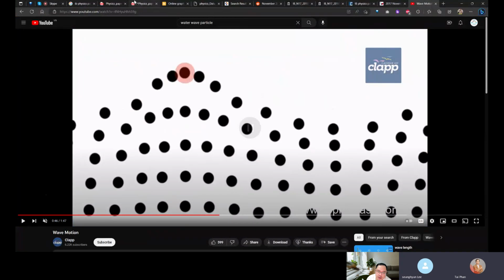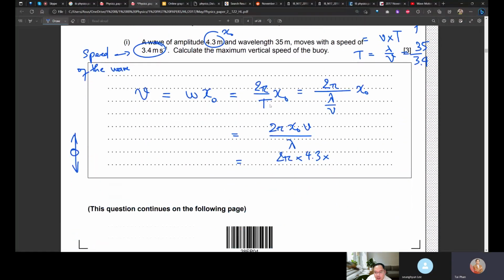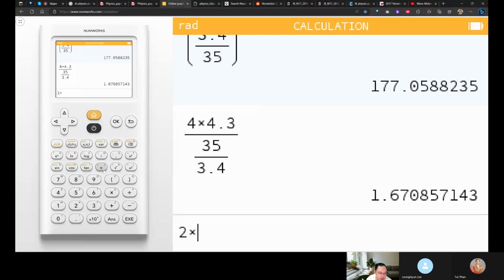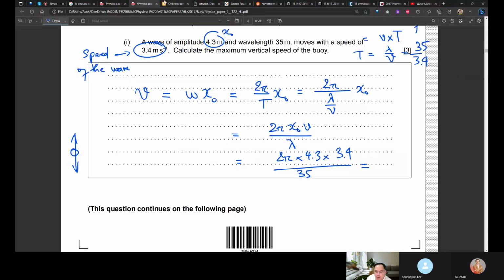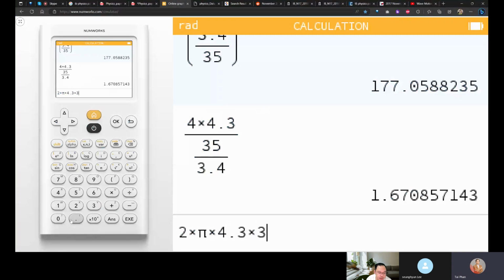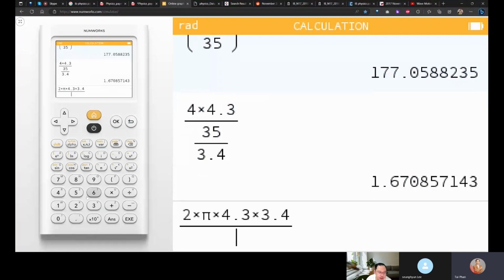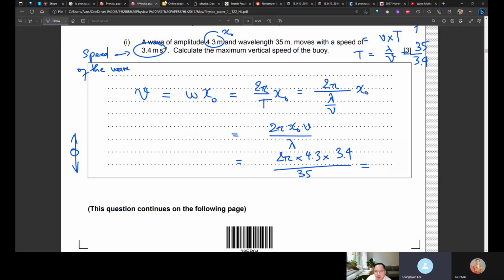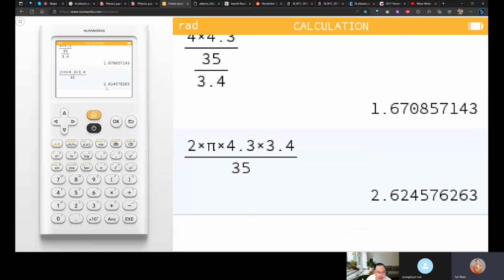The speed of the wave is 3.4, and then divide by the wavelength 35, and we get this final answer: 2 pi times 4.3 times 3.4, and then divide by 35. That gives 2.6.